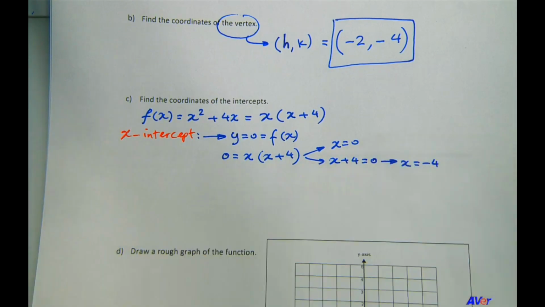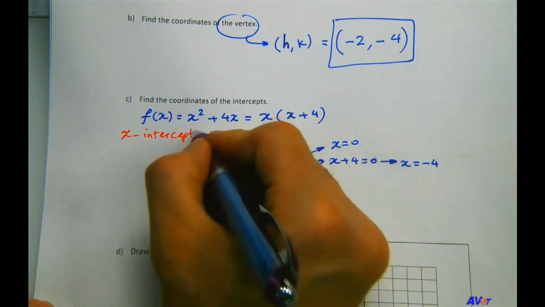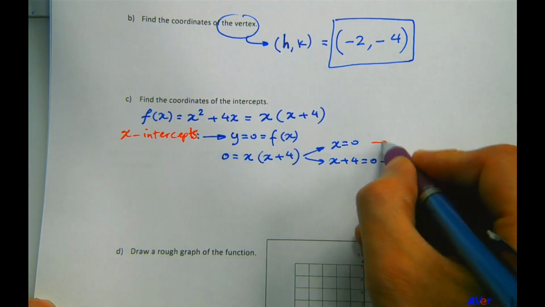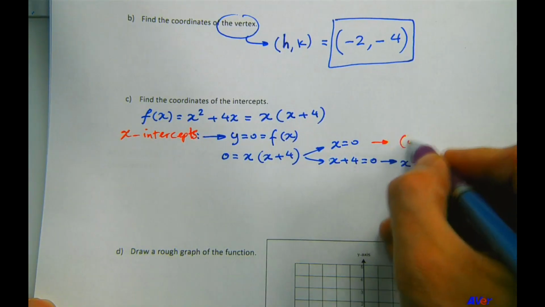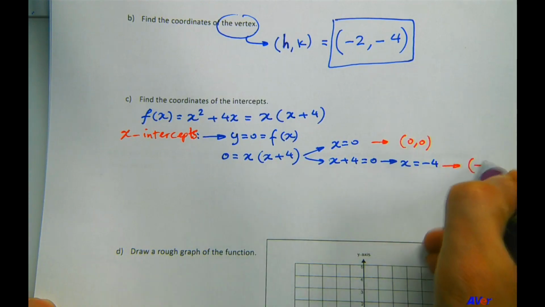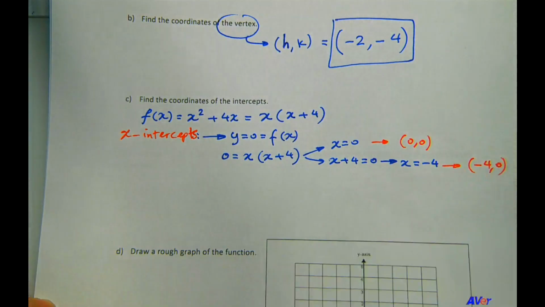Minus 4. So the x-intercepts, let me make this plural because there's two of them, are 0, 0, and from this, -4, 0.